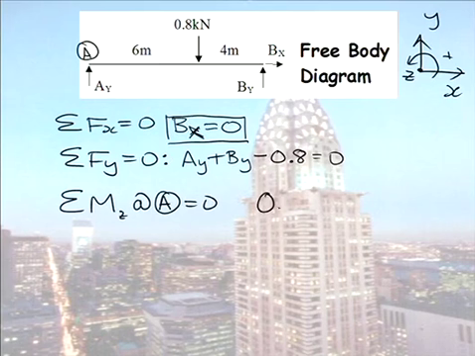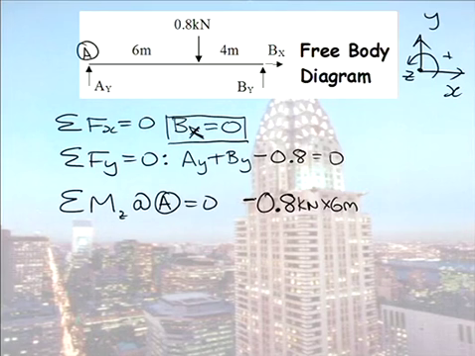The first force is 0.8. The perpendicular distance is 6 metres. Is that causing a clockwise or anti-clockwise rotation? The way I do it is, you stick your finger on A, you apply that force and you say, okay, that 0.8 is causing clockwise rotation. So therefore, that becomes negative. So I don't put the sign in till later.